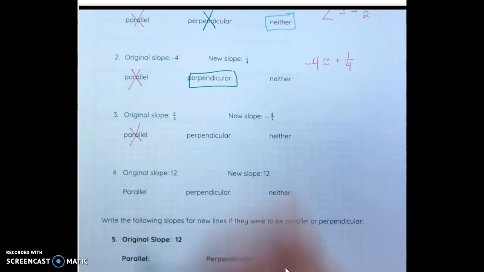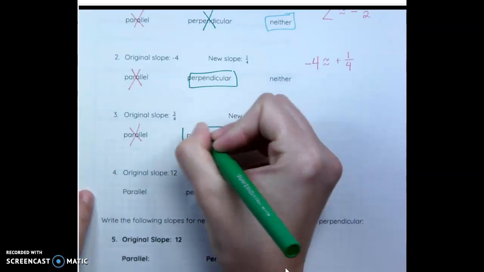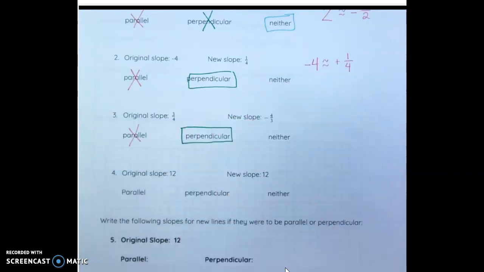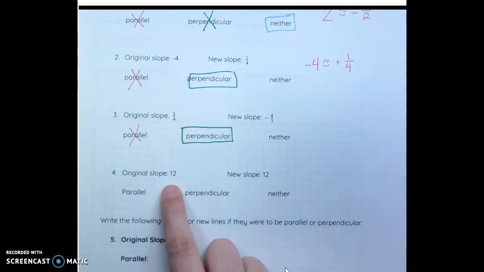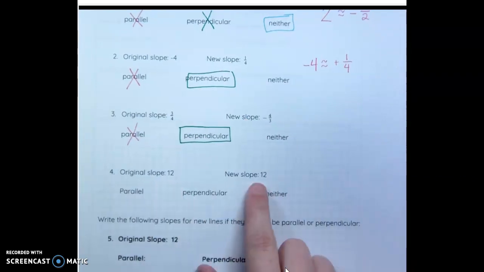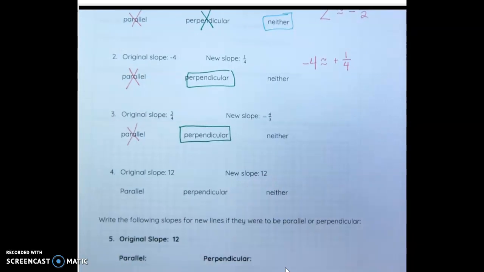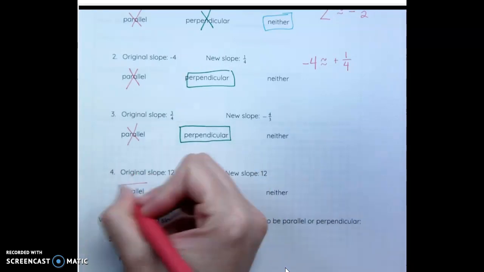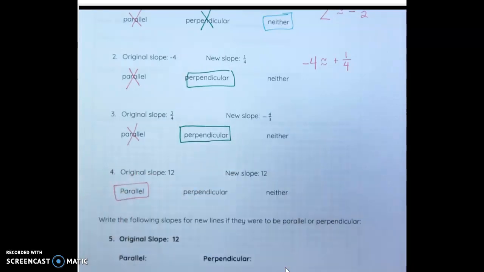Yes. So these are perpendicular slopes. The original slope is 12. The new slope is 12. Are those the same? That's right. 12 is the same as 12, so those are parallel slopes.